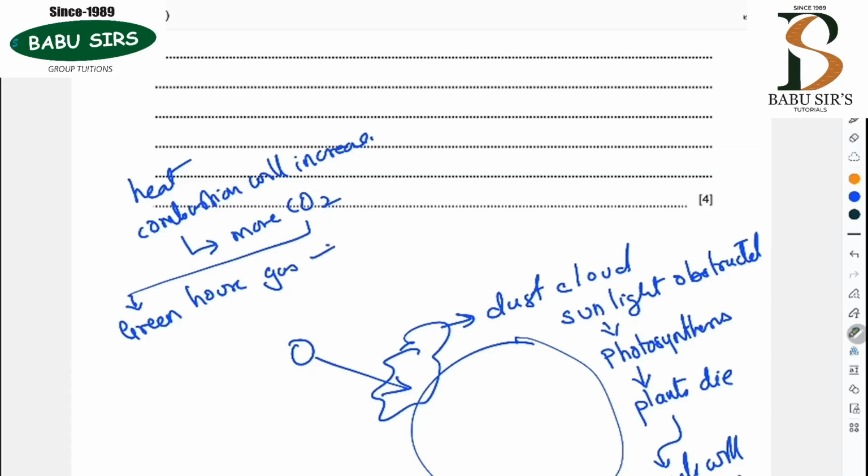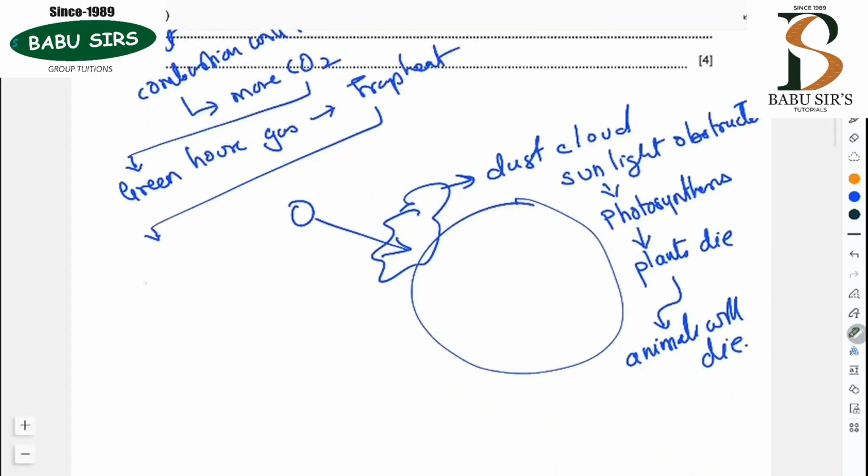Greenhouse gas will trap heat. Because heat will be trapped, temperature will increase. Because temperature will increase, ice in polar regions will melt.